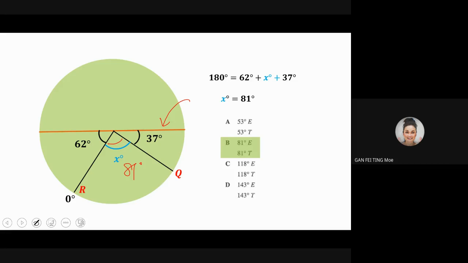Why 53? 90 degree take away 37 gives 53. If you just go and get 180 plus minus, then you got it wrong. If I set this question, for sure I'm going to set one choice to trap you as 81 degree west. Some of you will give the answer as west, then it is wrong. Because which one is east? East is to the right. West is to the left.